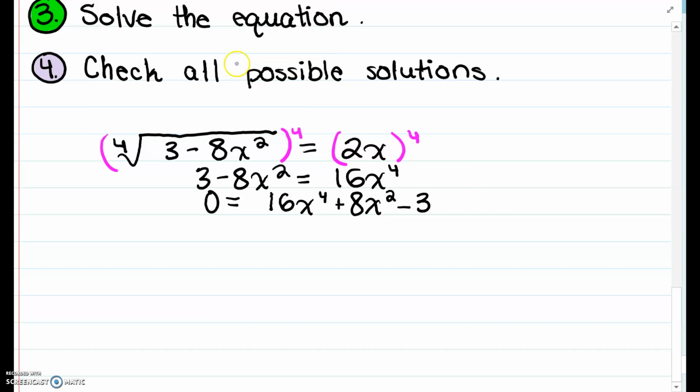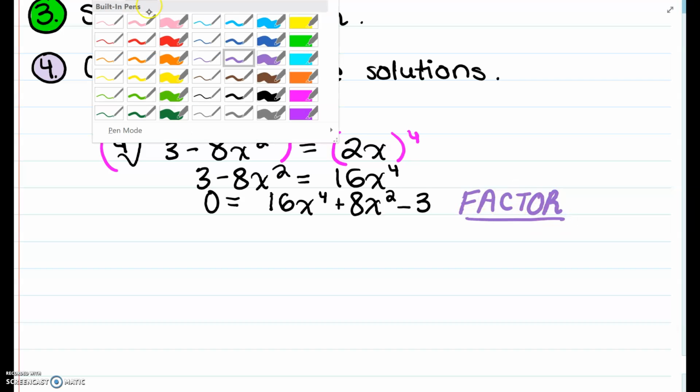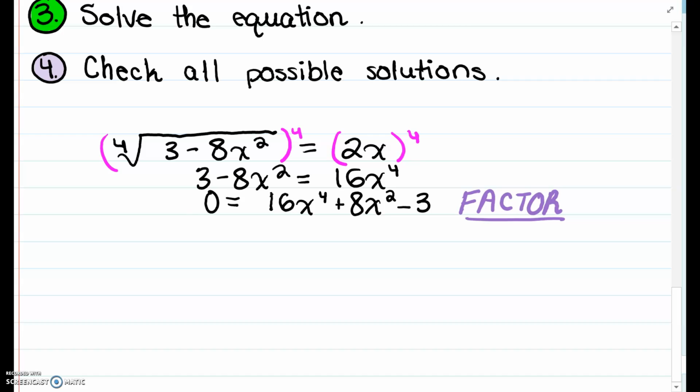And we notice that this can factor. And it will become 0 equals (4x squared minus 1)(4x squared plus 3).